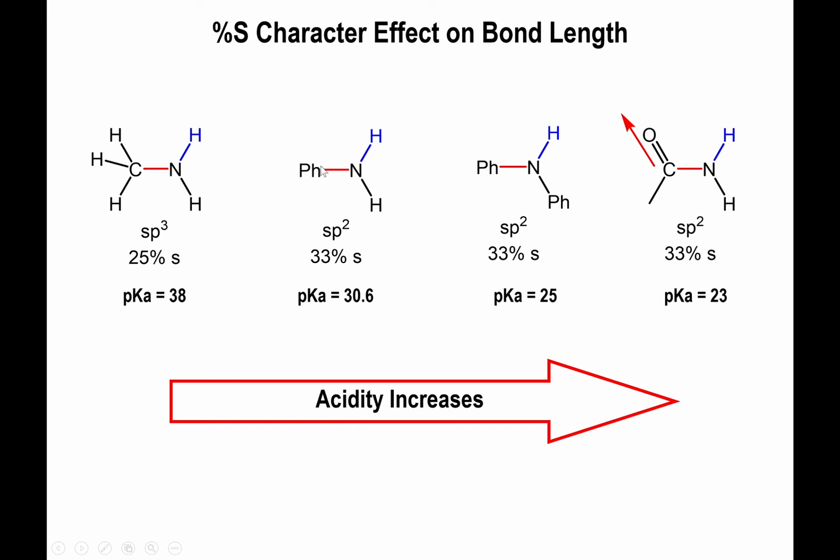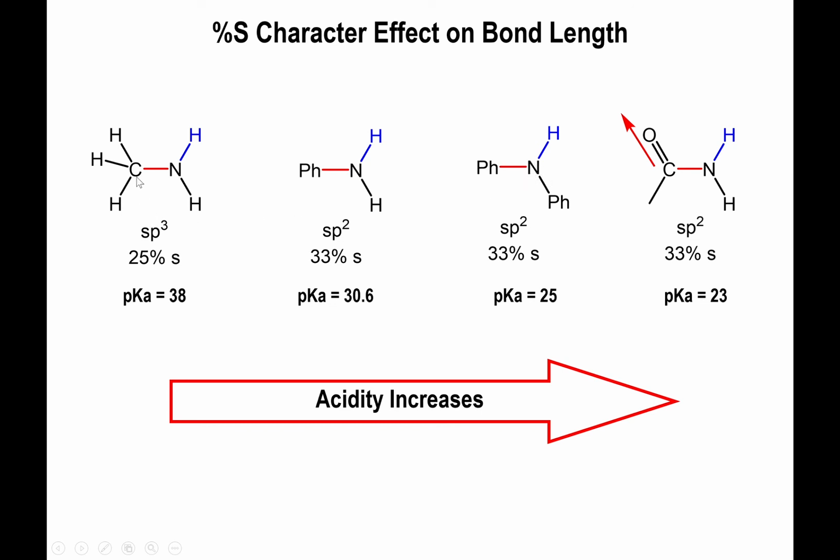So get used to thinking of C6H5, which is your benzene hexagon, bound to, in this case, nitrogen. So this carbon here is an sp2 carbon, part of the benzene ring. Same thing here, sp2 carbon. But here we have two of those benzene rings, or phenyl rings, present and bound to the nitrogen.